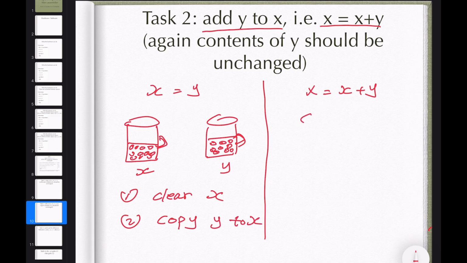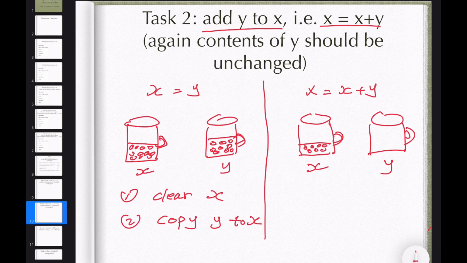What's the difference here? When you do add, we have x, we have y. The value you initially have here must be kept because you're going to top up, okay? So that is what you have in the jar. Then after performing x equals x plus y, you really need to have that amount where the bins are all topped up. So that is y, and that is the value of x.